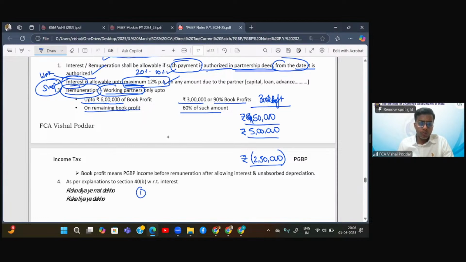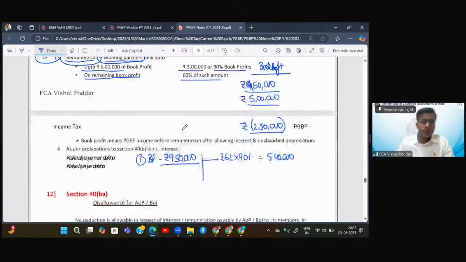First scenario, when your book profit is rupees 950, how much you can pay? Up to first 6 lakhs of book profit, you can pay 90%. So how much will 90% come to? 540. Correct? For the balance, now how much is balance?